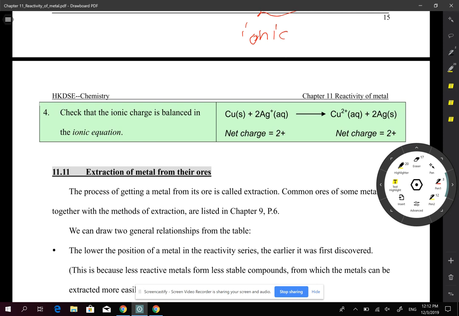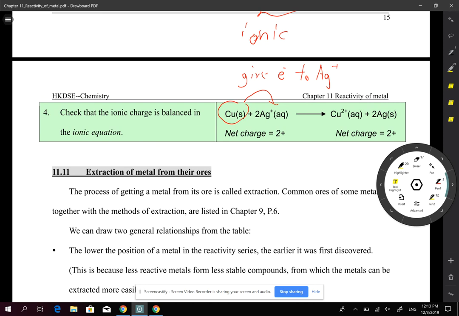The copper gives electrons to the 2 silver ions. And on the other hand, you can say the silver ion gains electrons from copper.